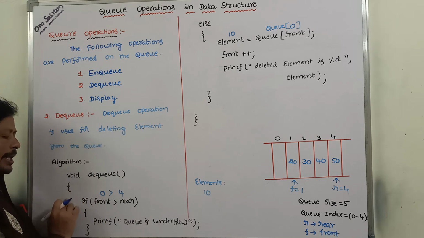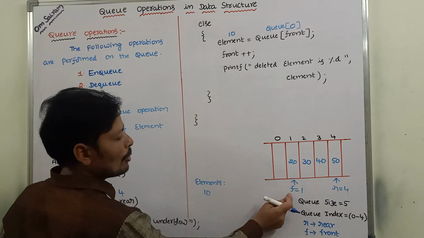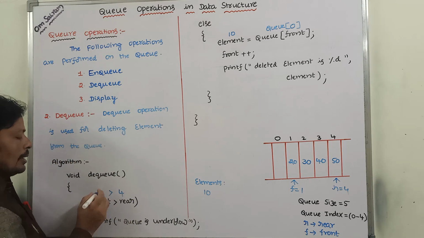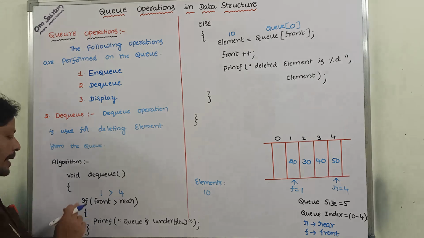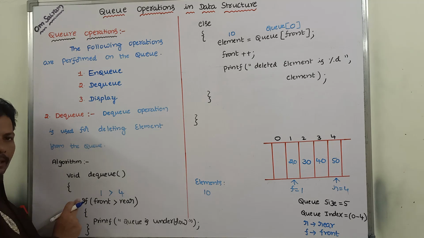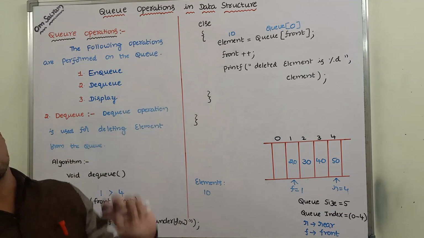Void dequeue, brace begin, if front greater than rear. What is the front value now? Front value now 1. 1 greater than 4. Condition false. If this condition is false at if block, then control goes to the else block.